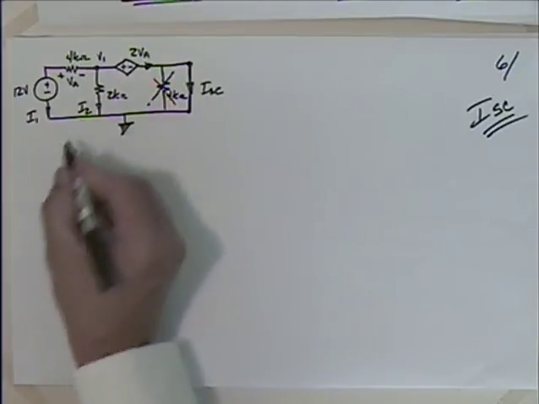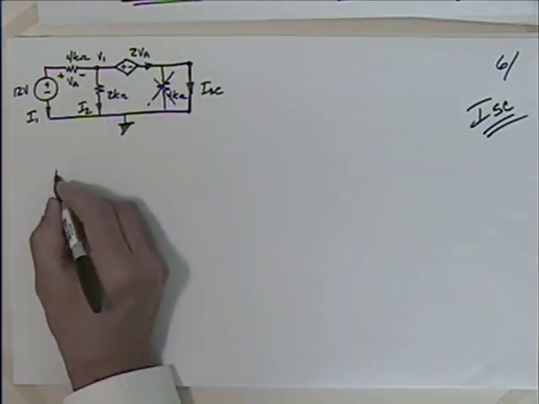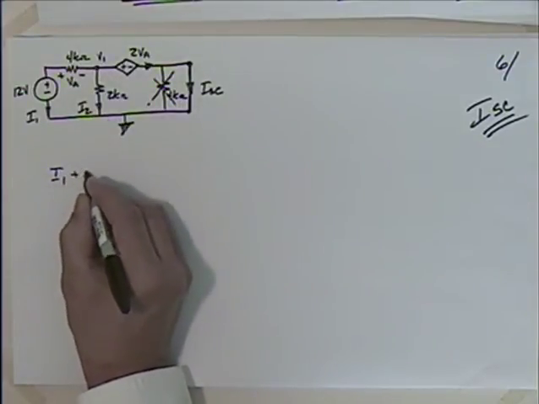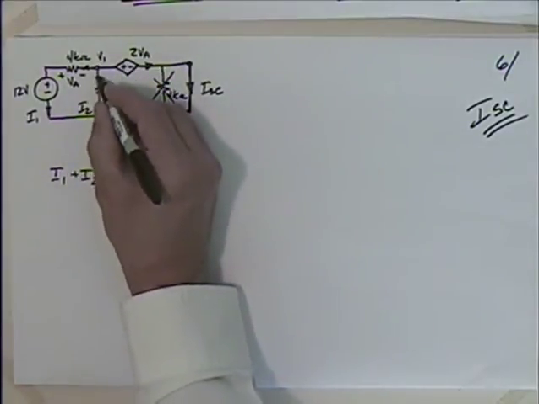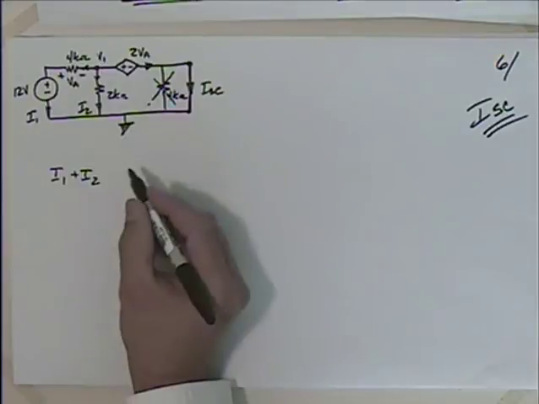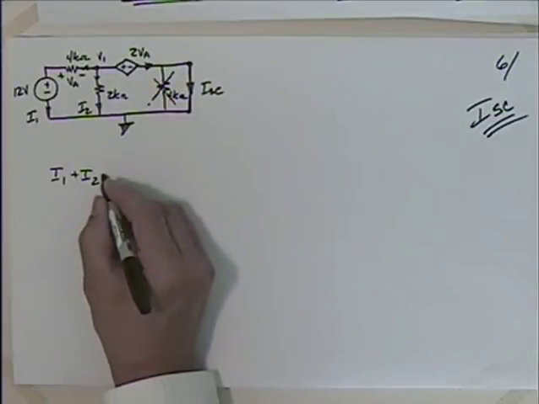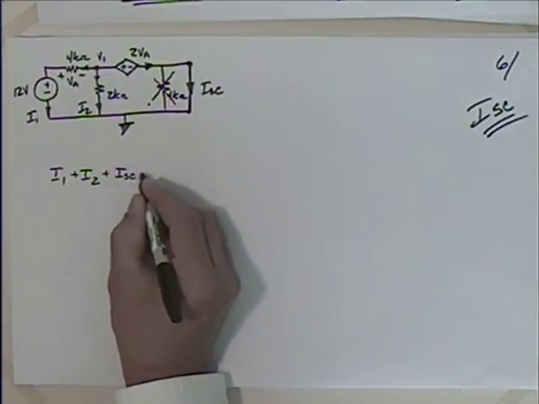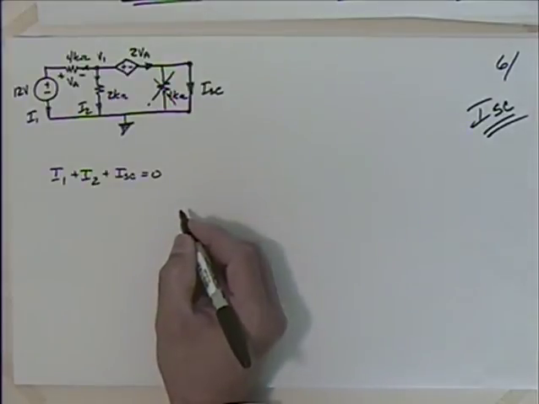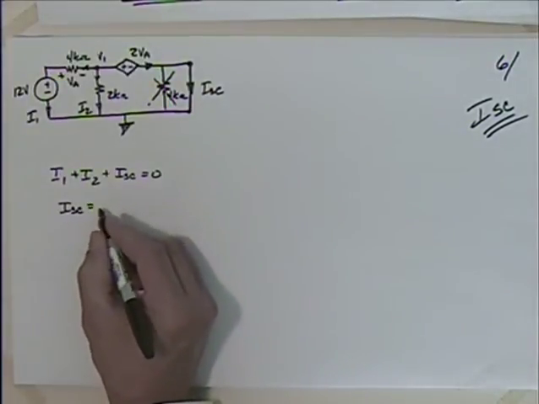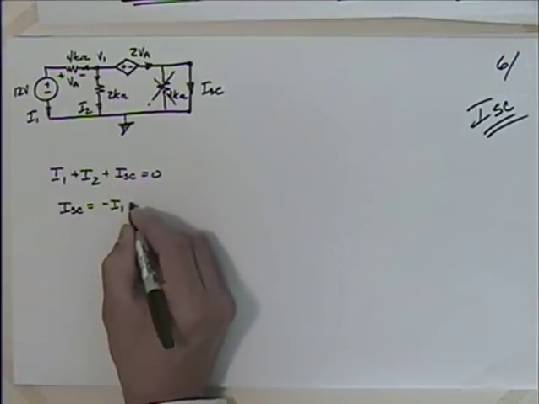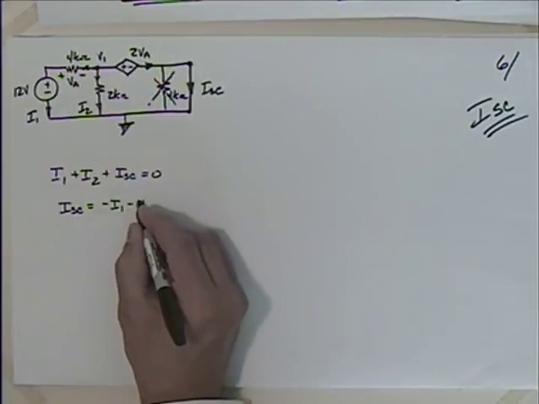So I could say that, what about I1 and I2? That's leaving this node, right? I1's going like that, I2's going like that, and I short circuit plus I1 plus I2 is equal to 0. So I could say that I short circuit, if I wanted to, was equal to minus I1 minus I2.